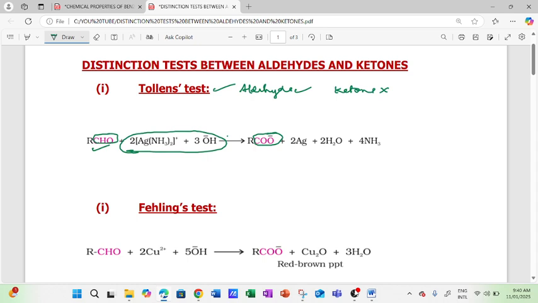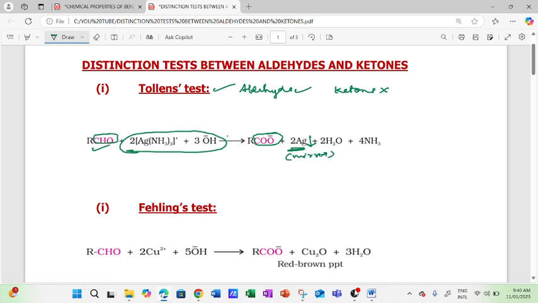So the aldehyde changes to carboxylic acid, and as a result you get Ag. Ag is the silver mirror deposition. If you are doing it in the lab, you will see the silver mirror on the inner wall of the test tube after heating.